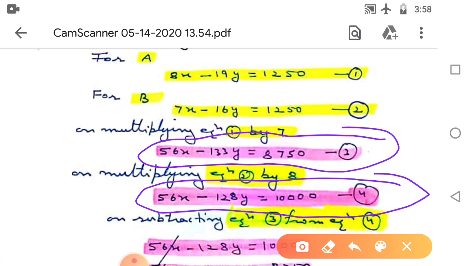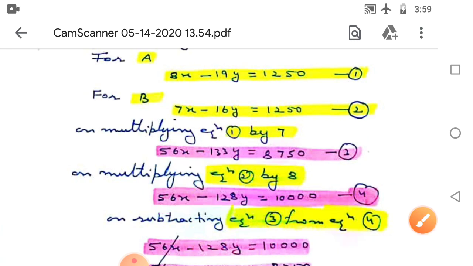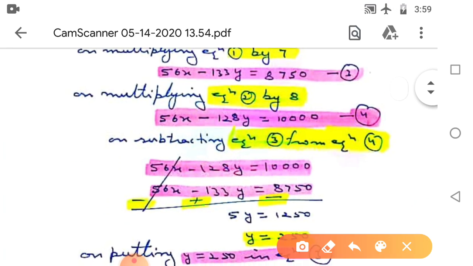Okay. Now on subtracting equation 3 from equation 4, look at here, this is equation 4 and this is equation 3. We are subtracting equation 3 from 4, so we need to change the sign. This is minus, this is minus, plus, and a plus, and this is minus. So this is gone.